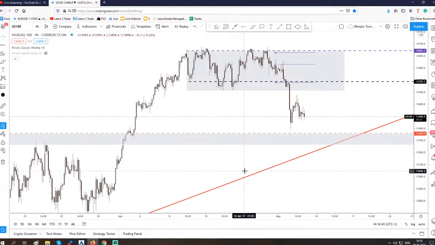We have to wait for confirmation, guys, because we had this range. The valid, aggressive breakdown from this range has signaled a temporary drop towards this support area in the short term.